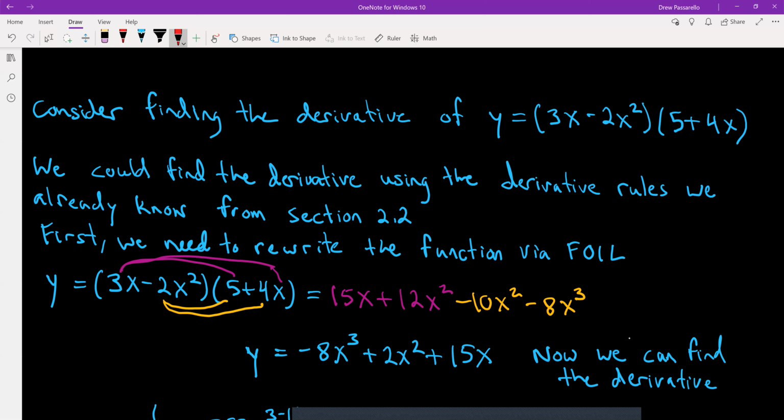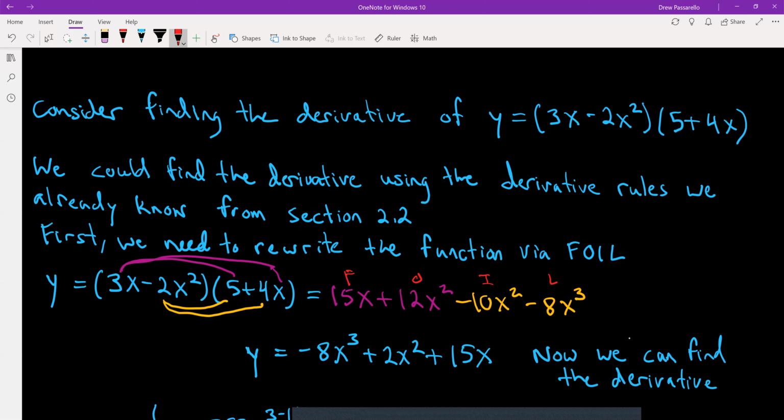What's in pink or purple is the result of the first, since for FOIL, it's first, outside, inside, last. You have the first, and then the outside terms, inside terms, and the last terms.